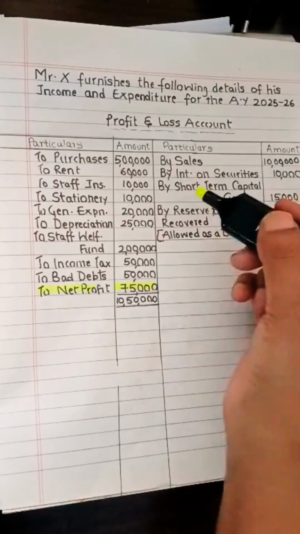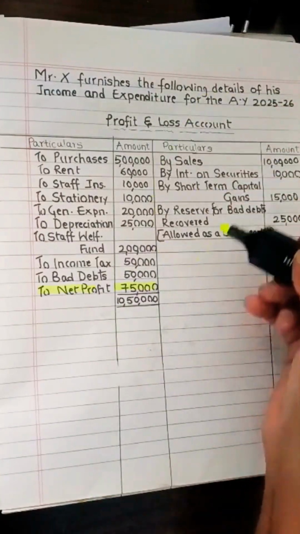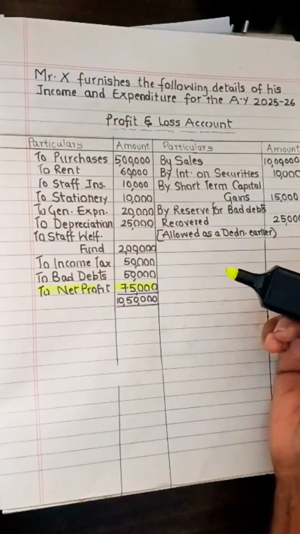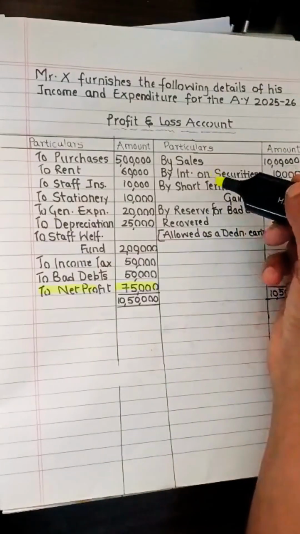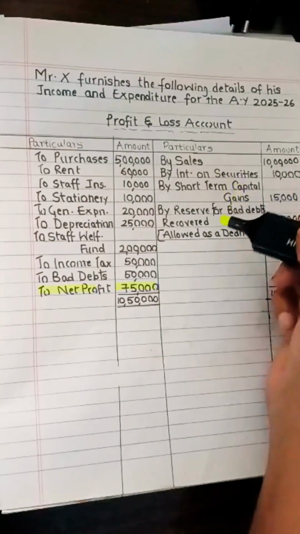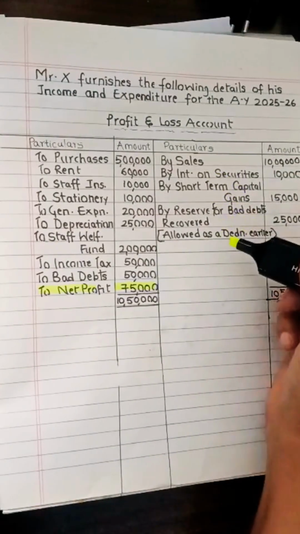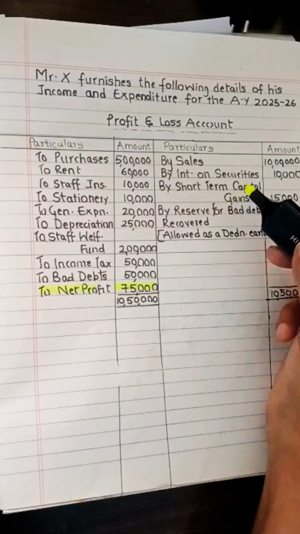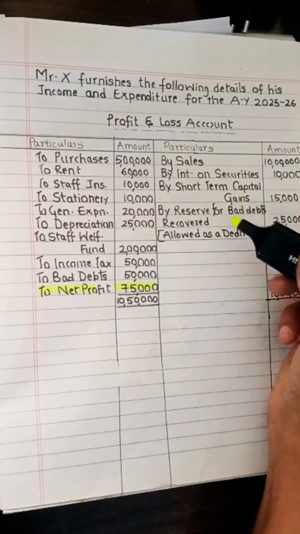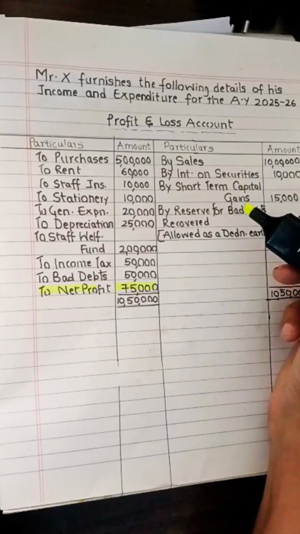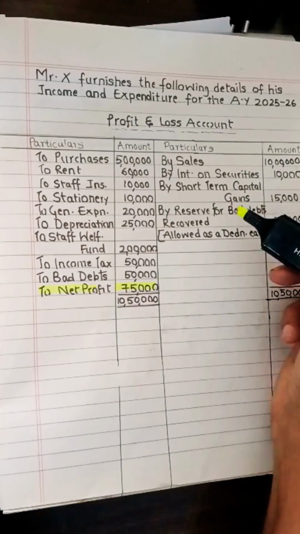What is the reason? When you look carefully at the profit and loss account, you will notice that there are certain incomes which have been credited to the profit and loss account, but they are not of the business nature. They are incomes. Nevertheless, they are not business income.